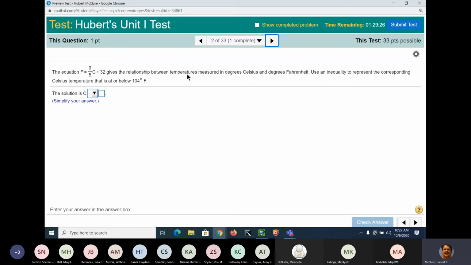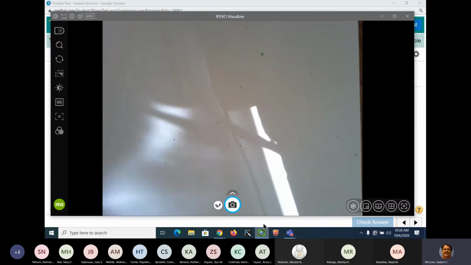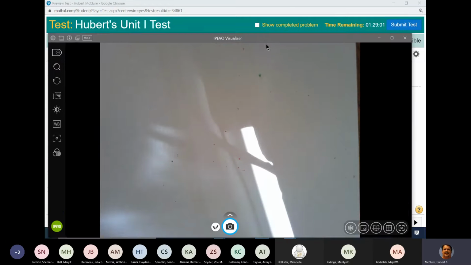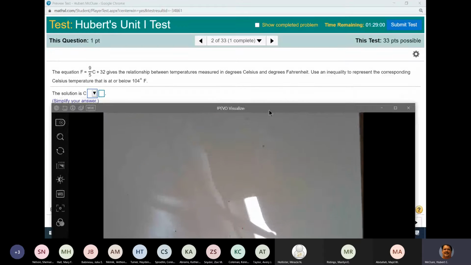Write an inequality to represent the corresponding temperature that is at or below 104 degrees Fahrenheit. Okay, so I didn't like this question as a homework question, but you're going to basically set it below. It says below 104 degrees. Well, I'm just going to show you how this works.